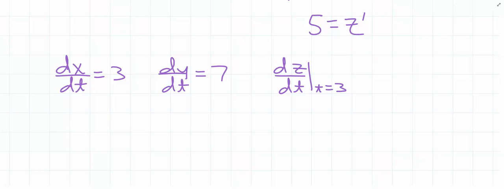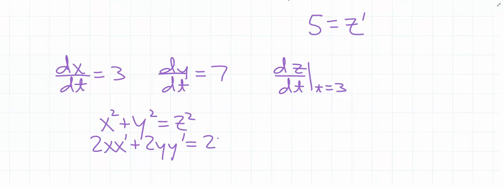The same picture applies, only the numbers are a little bit different. But here's what we've got. We've got x squared plus y squared equals z squared. Same relationship. We go through, we have 2x x prime plus 2y y prime equals 2z z prime. And I will just divide out the 2's as usual. Okay, there's what we have.